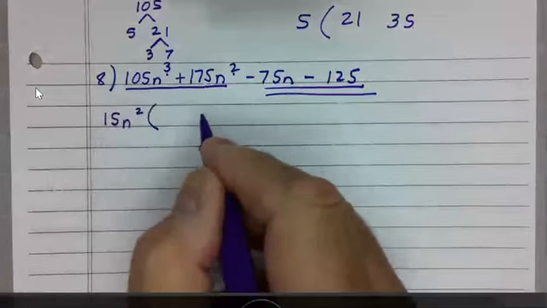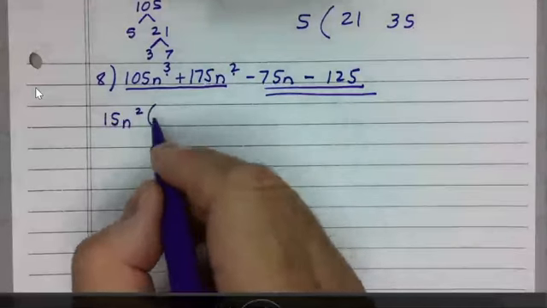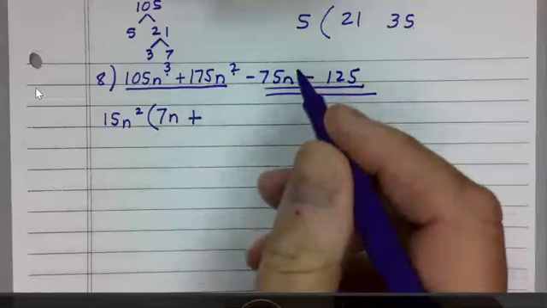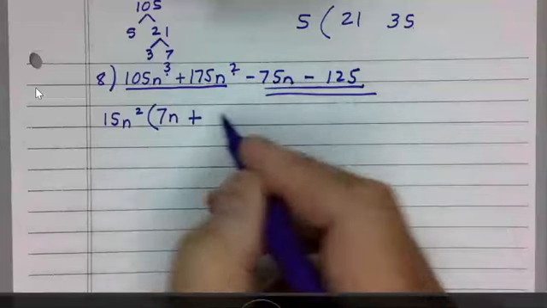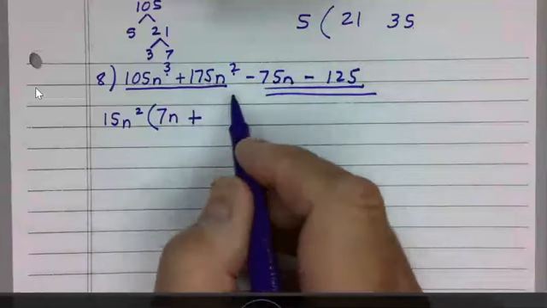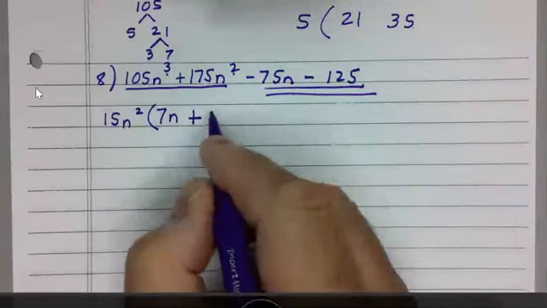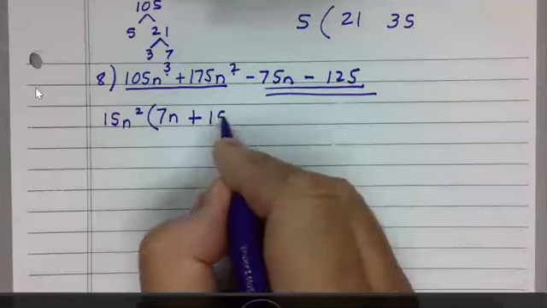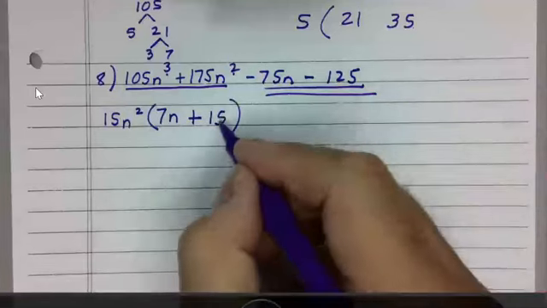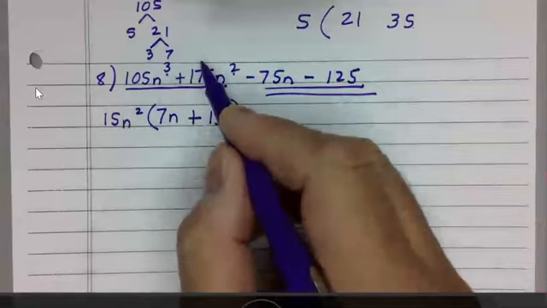Okay? So it's what? 7n plus, what? 15 times that would be what? Goes in there once. 15. That can't be right. 15 goes in there once.